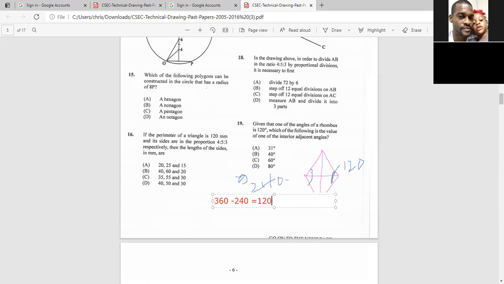When we divide this 120 into 2 to get both angles, we end up with 60. So the angle for that would be 60.